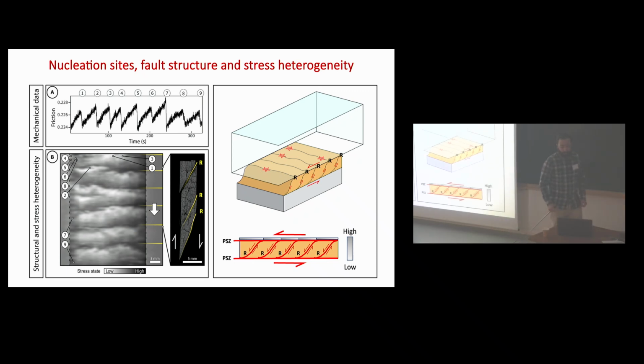And furthermore, these stress heterogeneities are not random, but are related to the development of the inner fault zone structure, in particular our microstructure. This is just less than 5 millimeters thick.